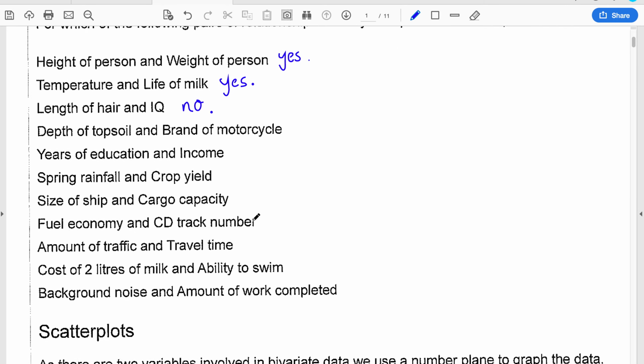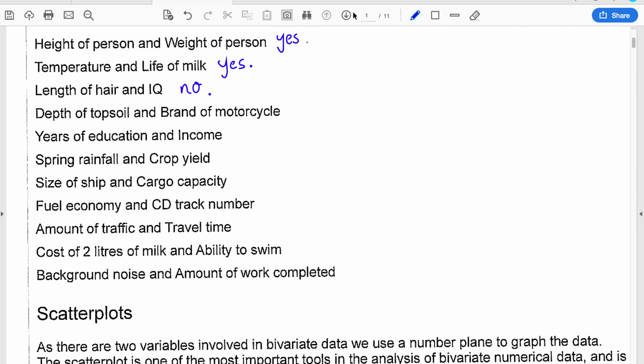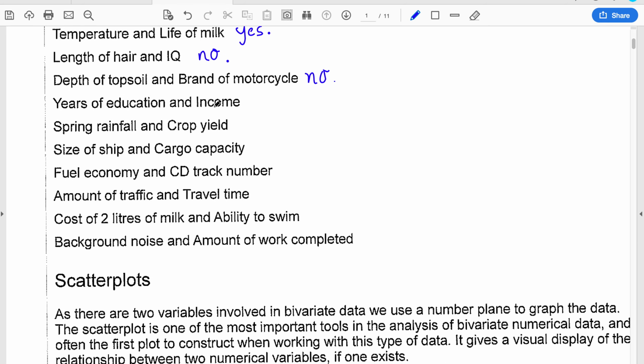Depth of topsoil and brand of motorcycle, again, don't really see how those two things could be related. This one though, years of education and income. So we do actually see an association between these.